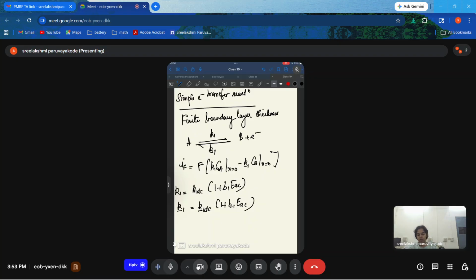Now, as we did before, we will be differentiating the current with terms of potential and the concentrations CA, CB, because all of three are independent terms.